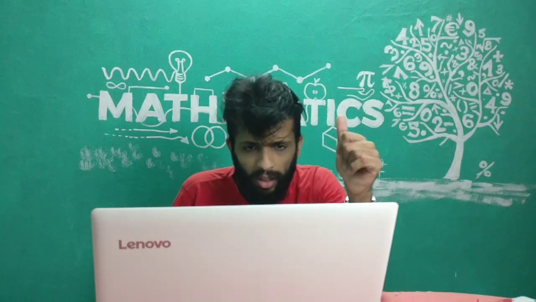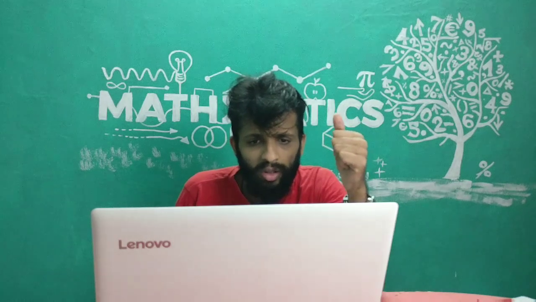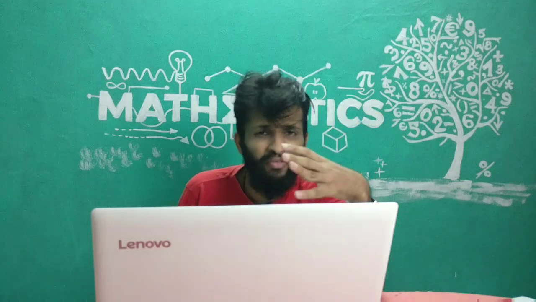The next one is, in the figure given below, AB is the diameter of a semicircle and AXB is an arc. So if AB is 16, then find the length of arc. Simple question, simple figure.